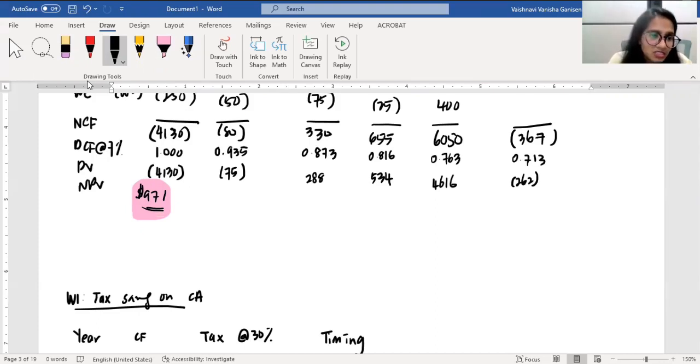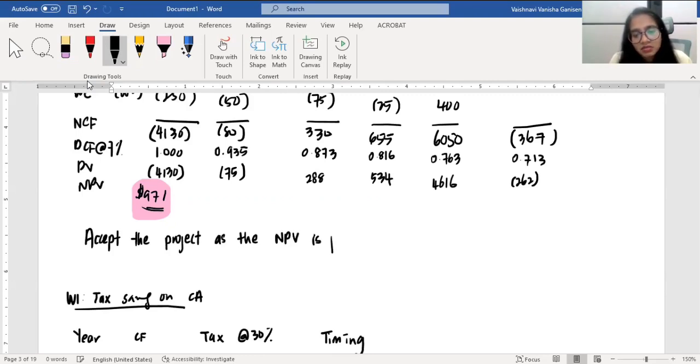So you can write this: accept the project as the NPV is positive 971, hence financially viable.